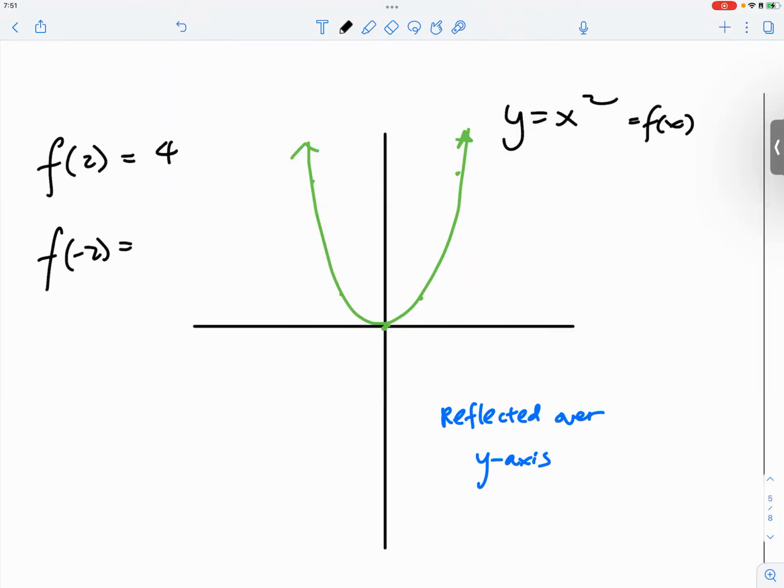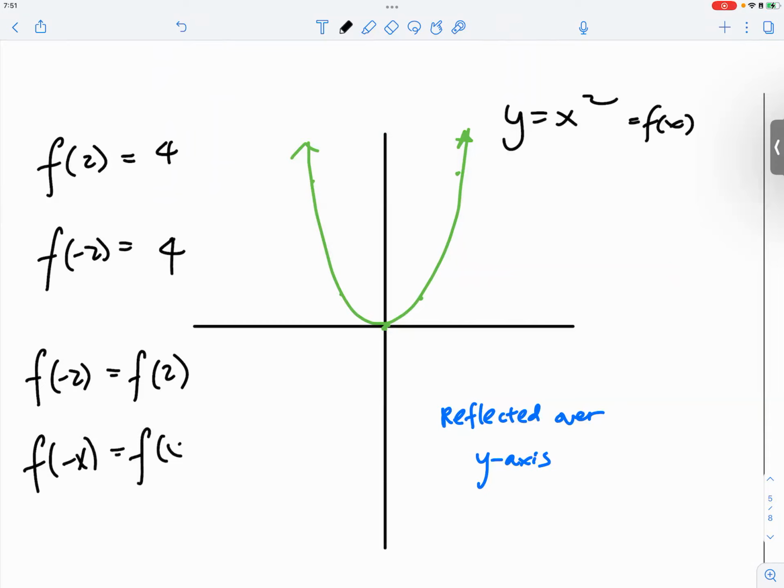Louder. Can you see that they're equal? Then that means f of negative 2 is equal to f of 2. Right? That means f of negative x is equal to f of x.